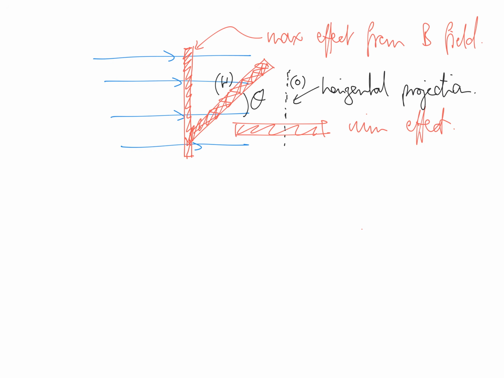We can say to ourselves that the magnetic field felt is going to be the initial magnetic field times sine of theta, because I'm looking at the component which is the same as saying how much of that magnetic field is at a component horizontal to the conductor.